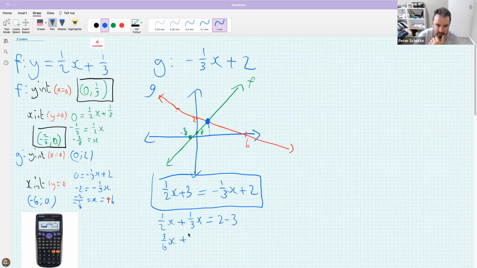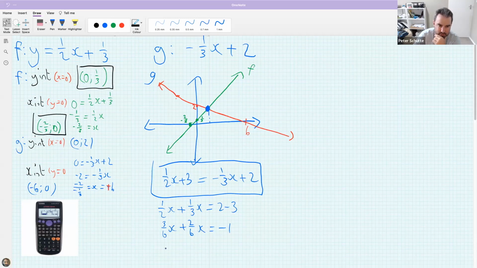I'm not using my calculator, but you could use your calculator for this. You don't have to do it like I'm doing it. I'm just doing it the old-fashioned way. I don't get 2. I get, so if I times this side by 6 and 5, I'm going to get, oh, that can't be right.